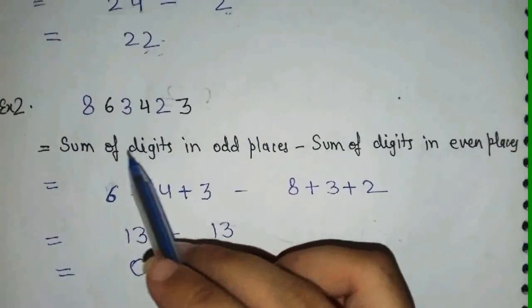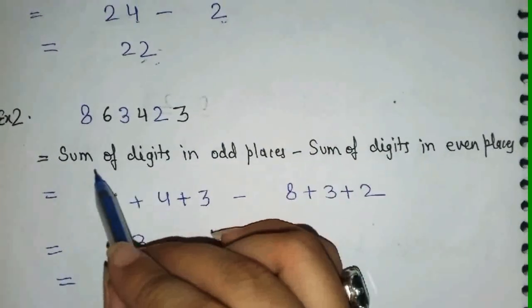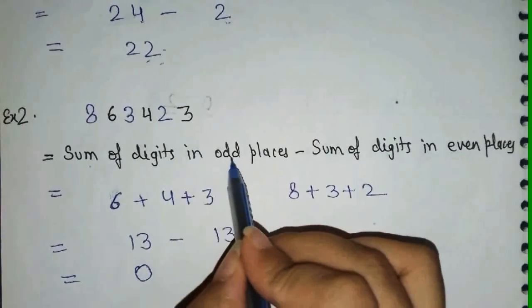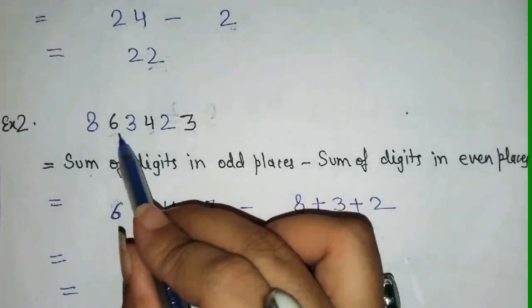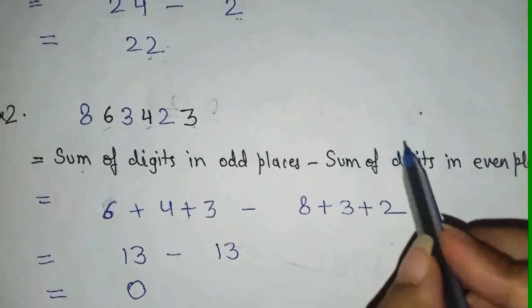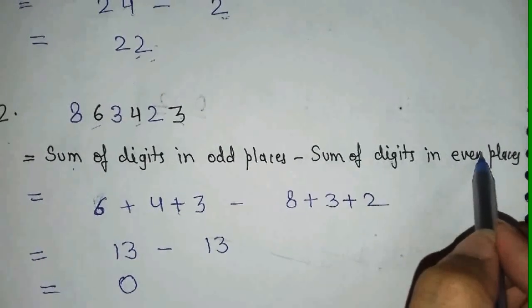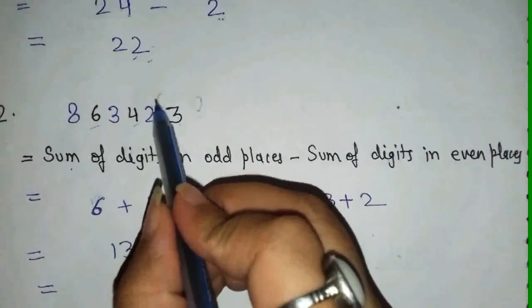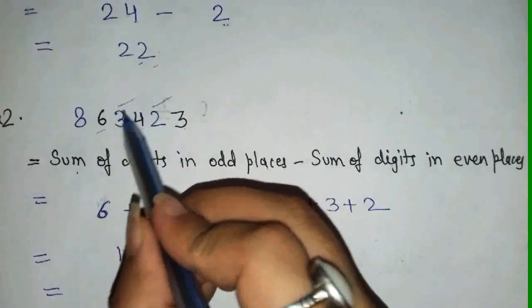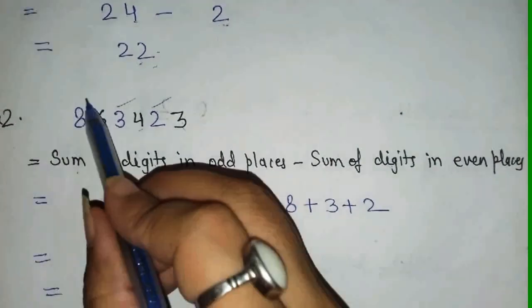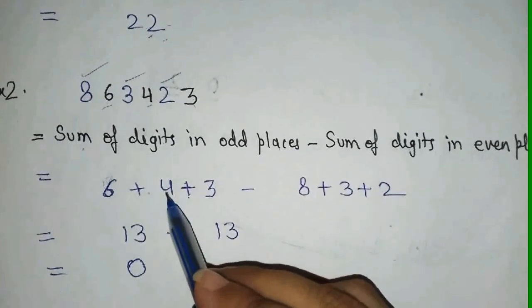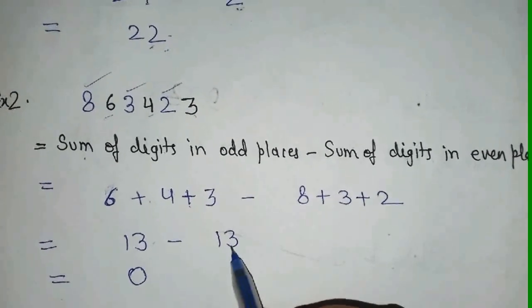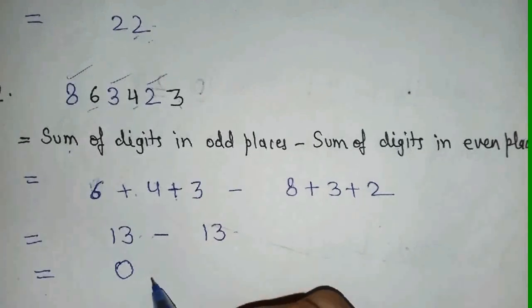Second example. Here, the sum of digits in odd places: 3, 4 and 6. Right? Sum of digits in even places: 2, 3 and 8. Next, find the sums: 13 and 13. 13 minus 13 is 0.